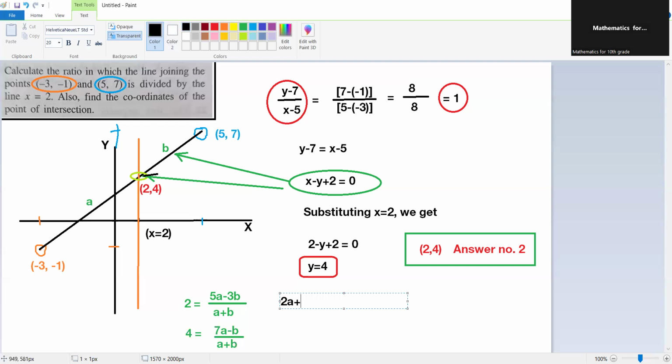2A plus 2B is equal to 5A minus 3B. I'm sorry. Hence, we get 3A is equal to 5B.